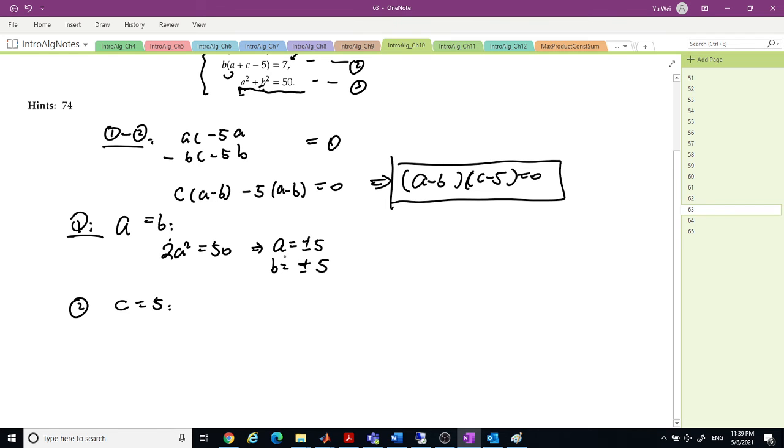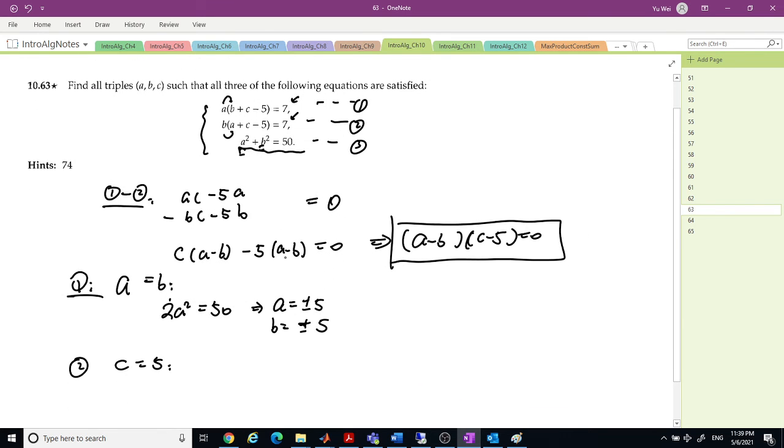So now we can put it back into equation 1. For example, A equals B equals 5. So we have 5 times 5 plus C minus 5 equals 7, so you can see C is equal to 7 over 5. So if A equals B equals 5, the answer is 5, 5, 7 over 5.